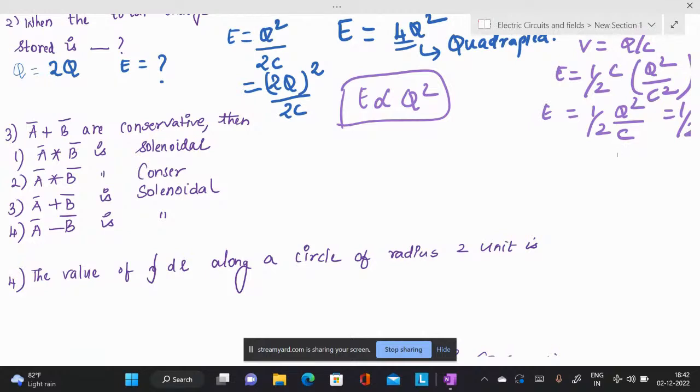Whether it will be a conservative or solenoidal, or a plus b is solenoidal or a minus b is solenoidal. Okay, when addition of two vectors is conservative, which in turn implicates the multiplication of two vectors is solenoidal.